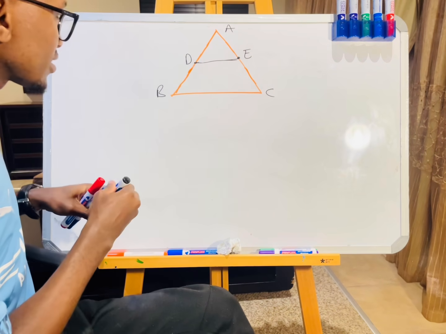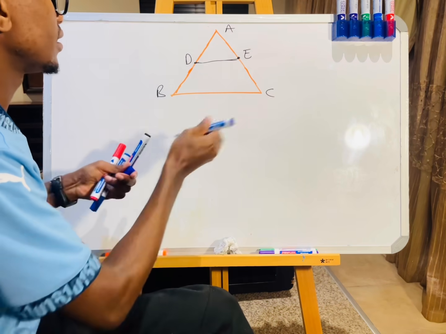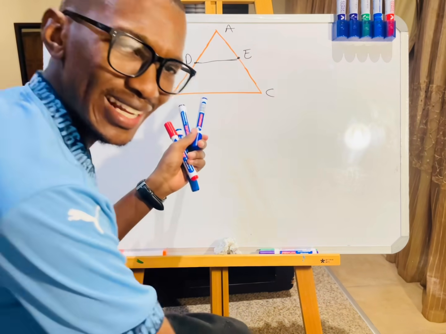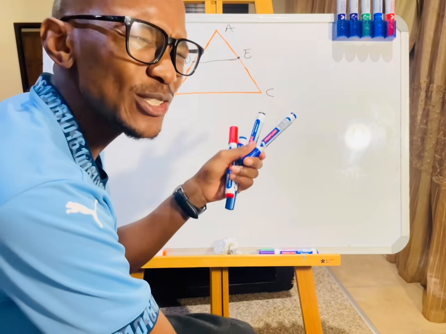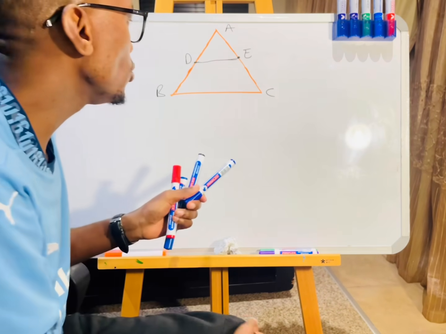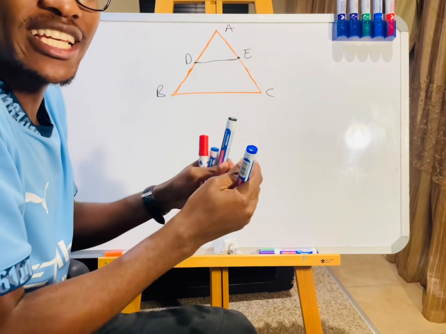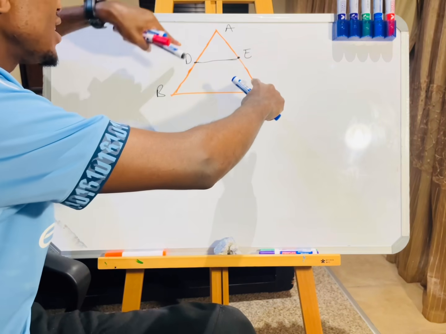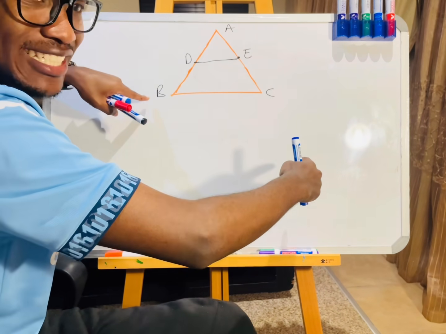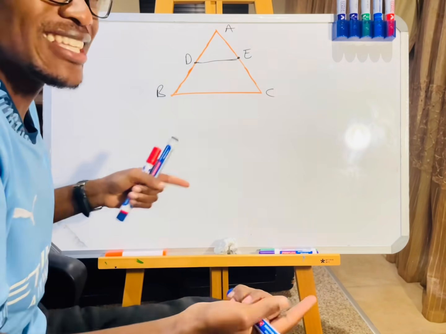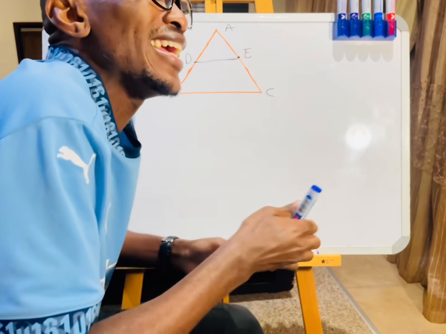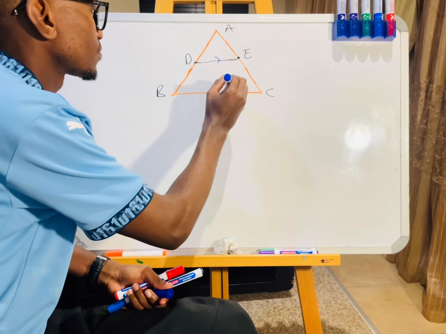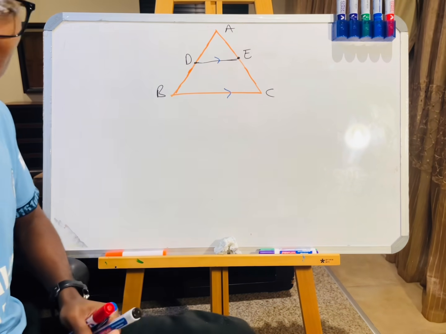The last thing that it says is that the line segment joining the two sides of a triangle is parallel to the third side. Who's the third? Remember, the line segment had to join the two sides. It had to join line AB and AC, the two sides. And the same line segment, which is your DE, is parallel to the third side. There you go. Then the lines are parallel.